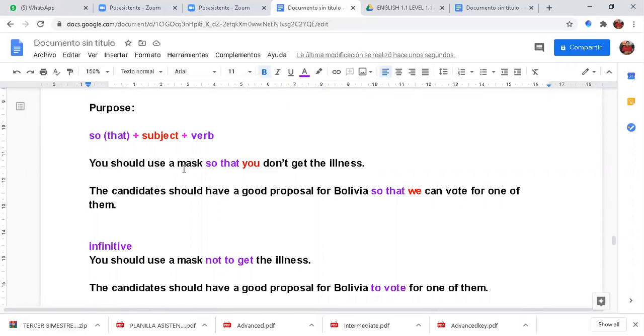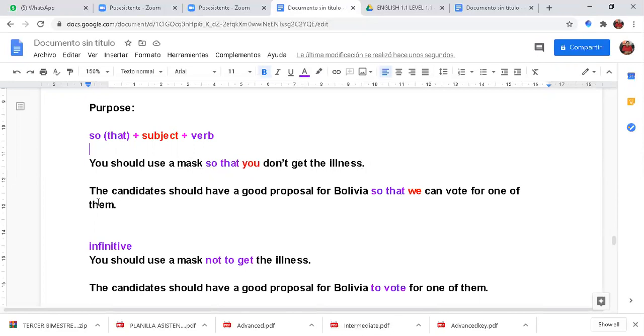You should use a mask so that you don't get the illness. Why is the purpose using a mask? So that you don't get the illness. That is the objective of using a mask.